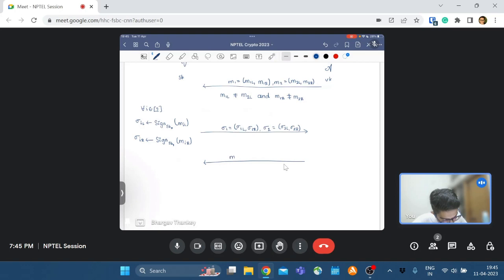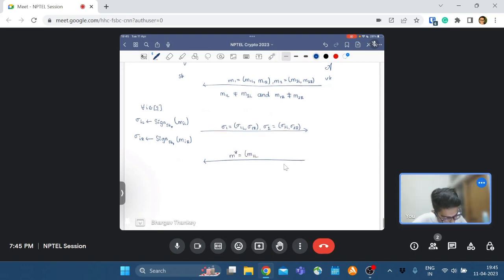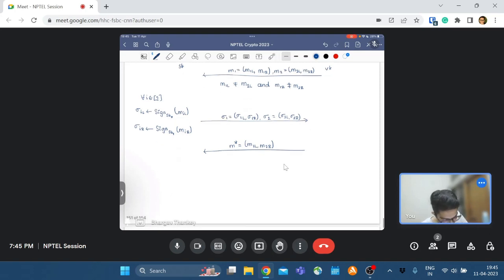It defines M star as: the first block of M star is the first block of M1, and the second block of M star is the second block of M2, and sigma star.